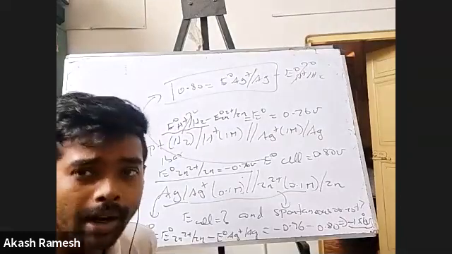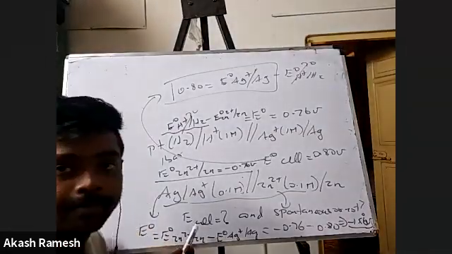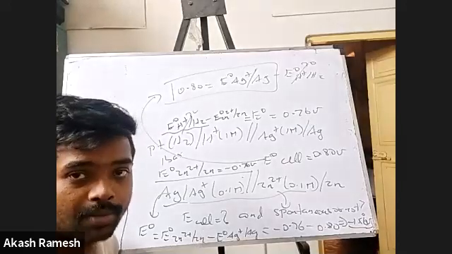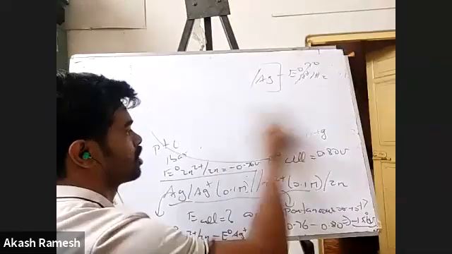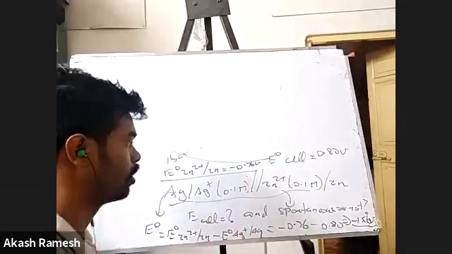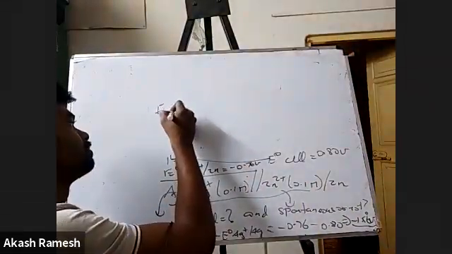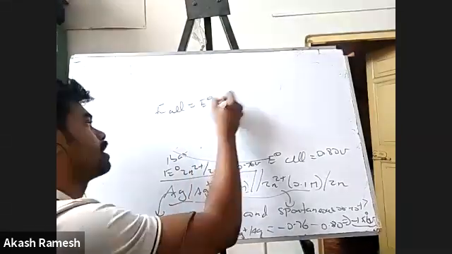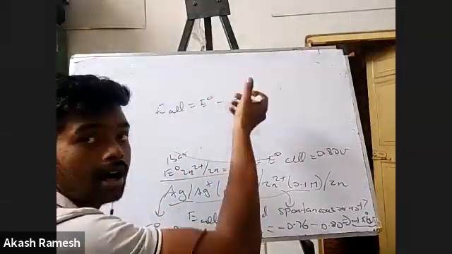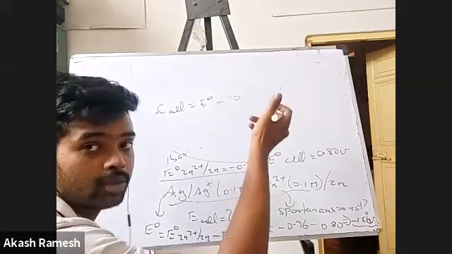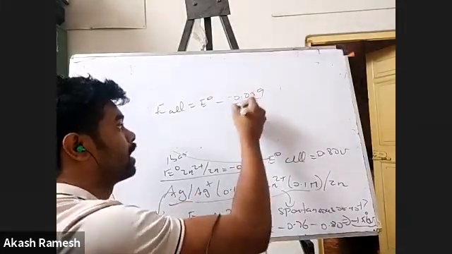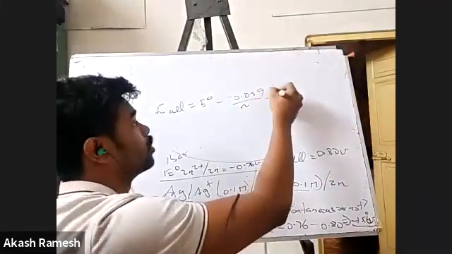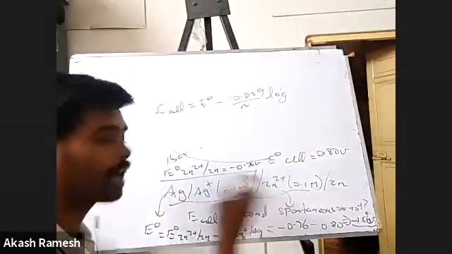Now what I have to find is the E cell, so I have to go for the Nernst equation. E cell is equal to E naught minus, now temperature is not given, and when temperature is not given, I take it as 25 degrees Celsius, and you will get 0.059 divided by n into log of product by reactant.